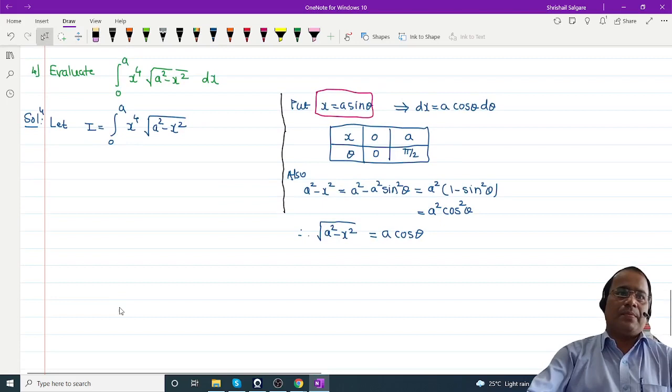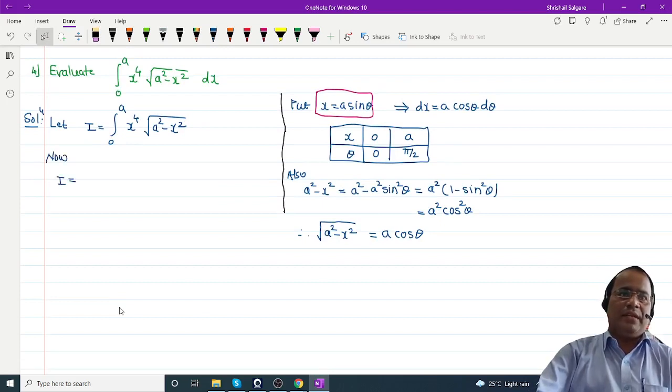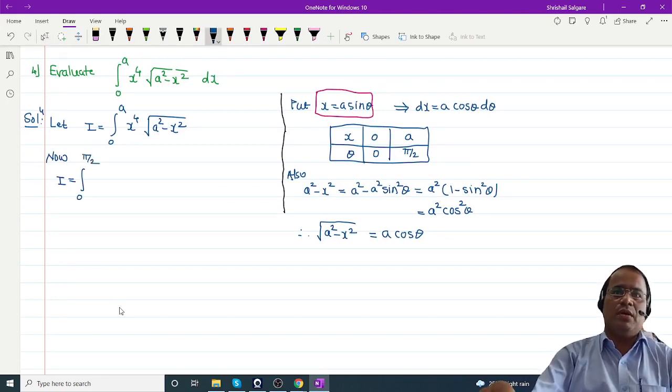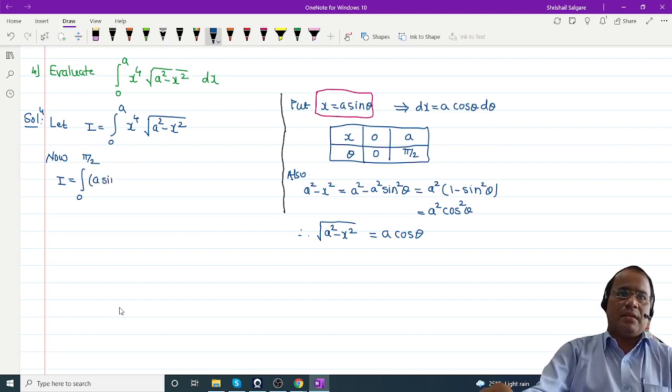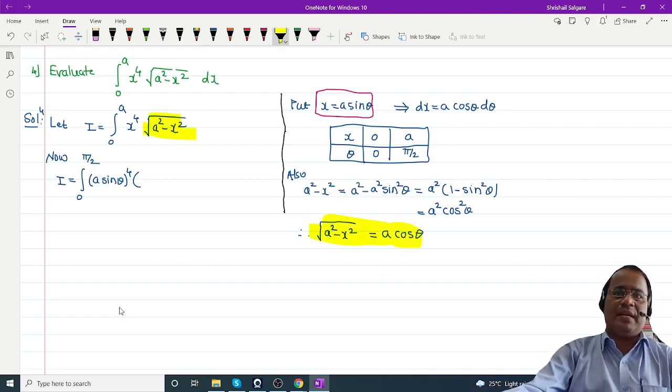Therefore, now this integral we will evaluate, with new limits from 0 to pi by 2. x is a sine theta raised to 4, and the second bracket we have calculated separately, that I will replace. I forgot to write dx here.